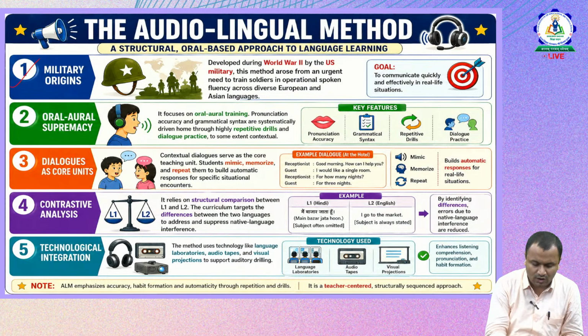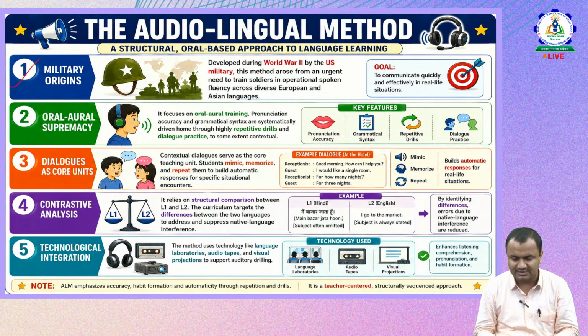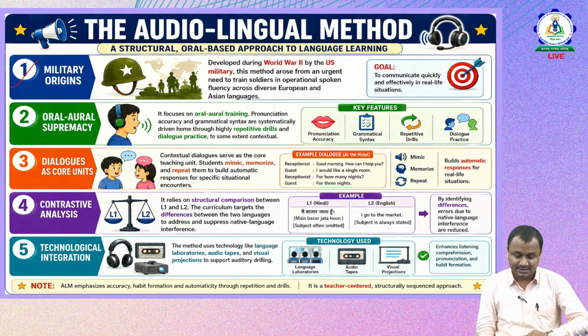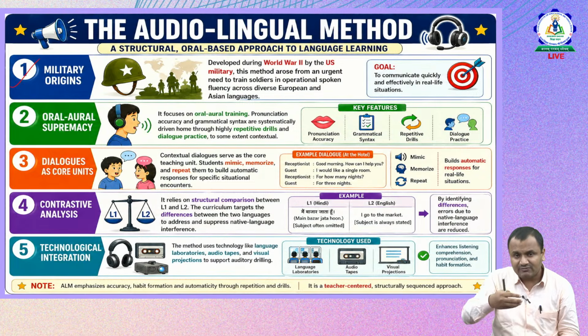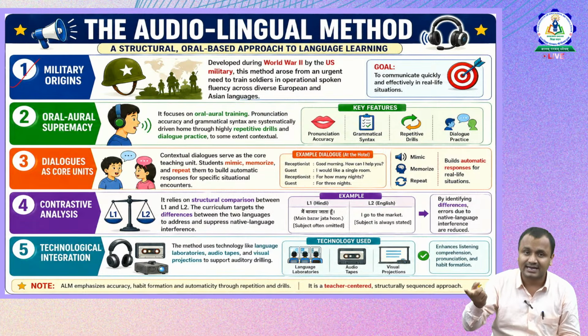Second is oral supremacy. Oral is you speak and oral is you listen. So either you speak or you are listening. Your focus in the audio-lingual method is on speaking and listening. When we say supremacy, it means the recordings, the material, the tool that we used to train ourselves to learn the language were made by native speakers.